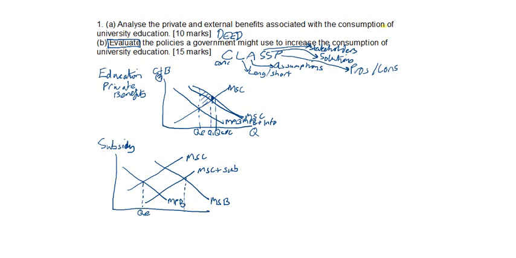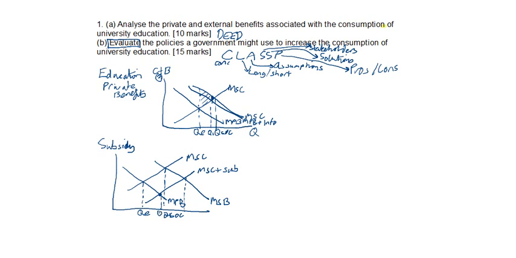Over here, marginal social cost equals marginal social benefit, so the original place. And because the marginal social cost plus subsidy lowers the cost, we're now actually consuming here, so Q1.